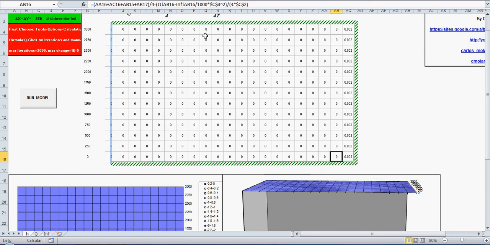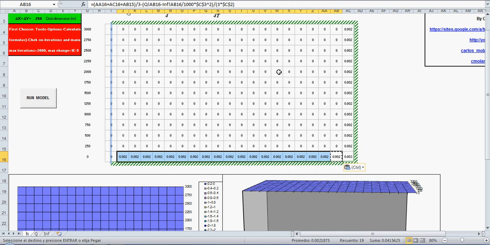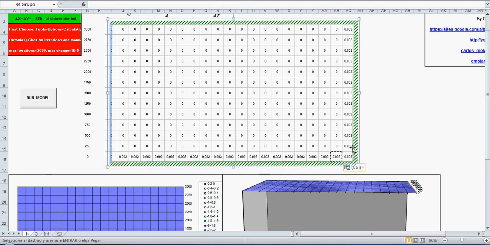Now this one, again row 17, delete that, divided by 3, and here divided by 3. Copy and paste. If we don't make any mistake, we have our boundary value problem.